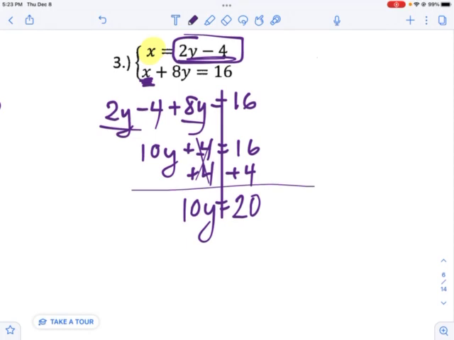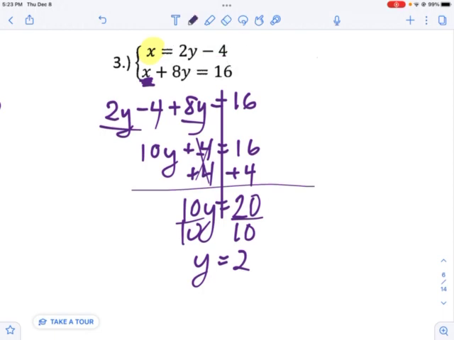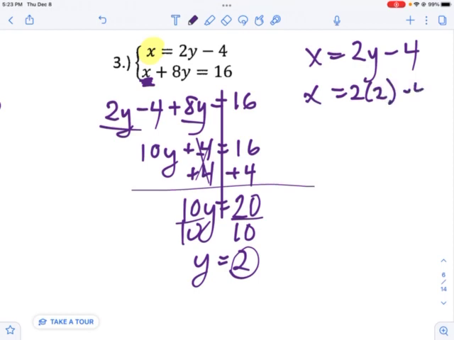Now I'll go back up and resubstitute my value for y into one of my equations. I'm going to use the first one since it's already ready to be set up to solve for x. So I have x equals 2 times 2 minus 4. X equals 4 minus 4. So therefore x equals 0. This is one where you need to be very careful.